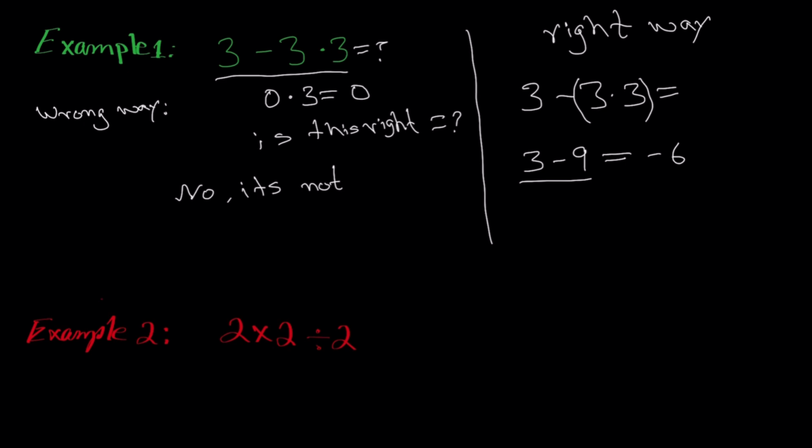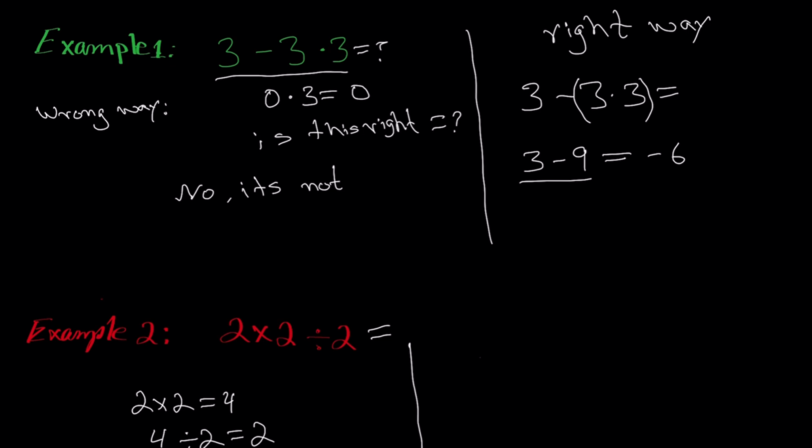Okay, so 2 times 2 divided by 2. In this case, let's try to do it left to right first. 2 times 2 is equal to 4. So 4 divided by 2 will give me 2.